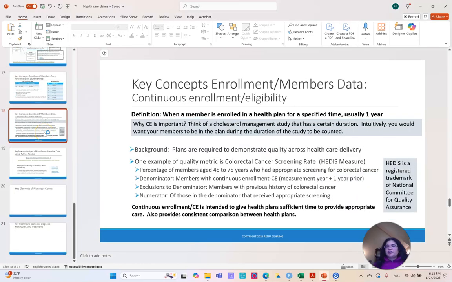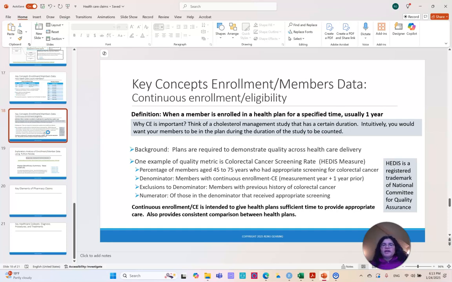Another key concept that is associated with member data or member month data is continuous enrollment or eligibility. These are almost synonymous terms, because in this instance they mean the same thing, but they could be slightly different, and I'm not going to go into their differences right now.